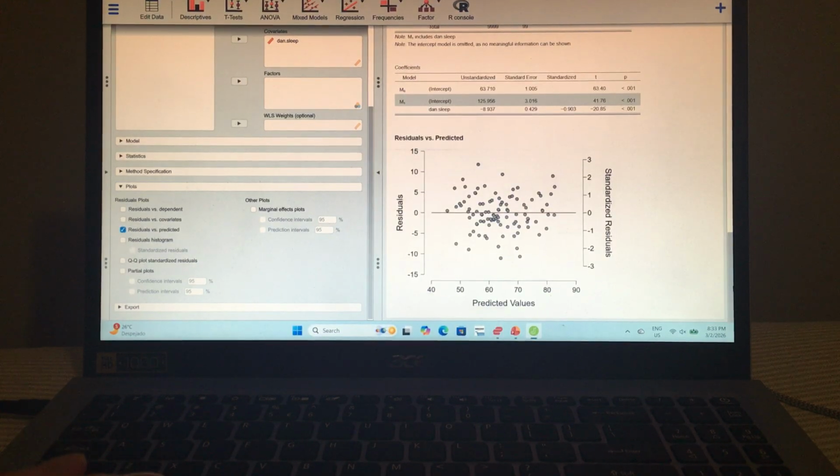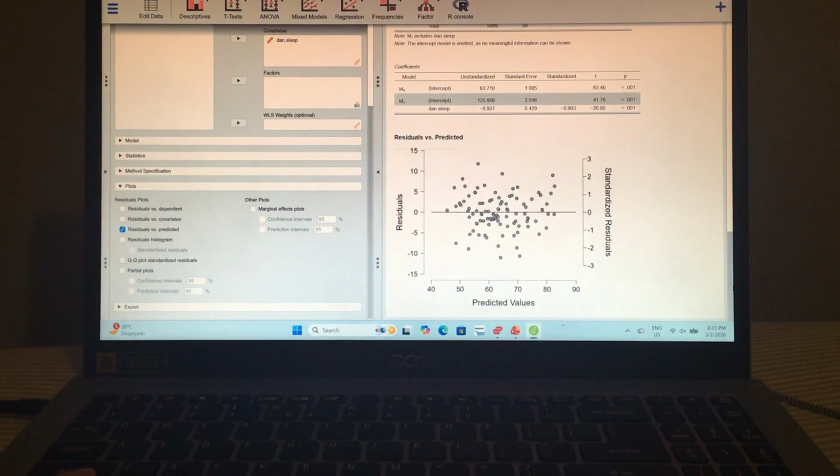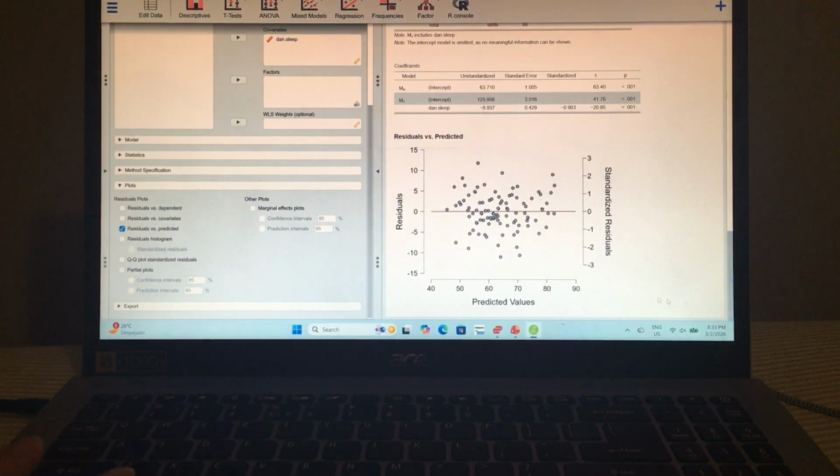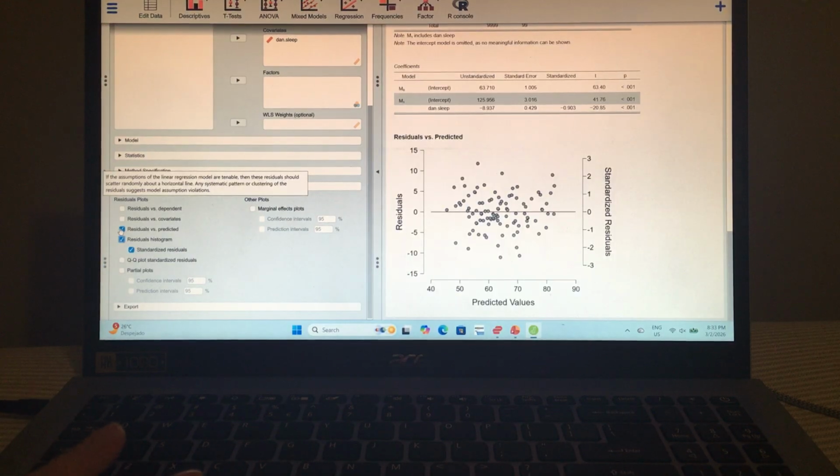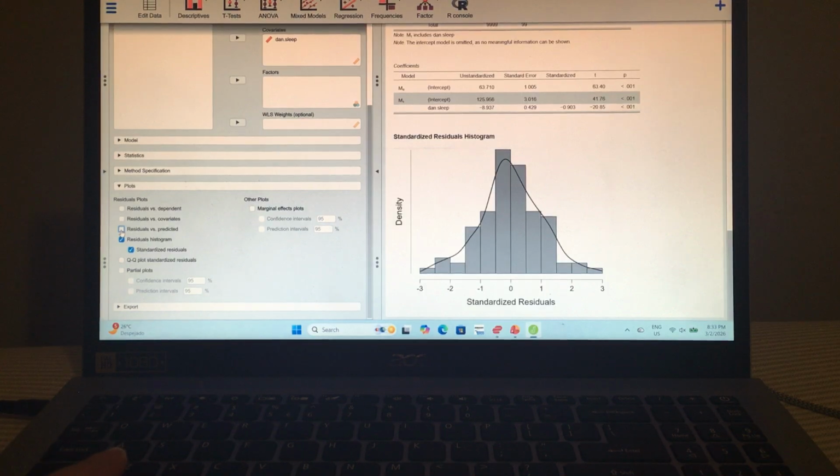Under plots, we're going to check the box next to residuals histogram. And then we're also going to check the box for QQ plot of standardized residuals.